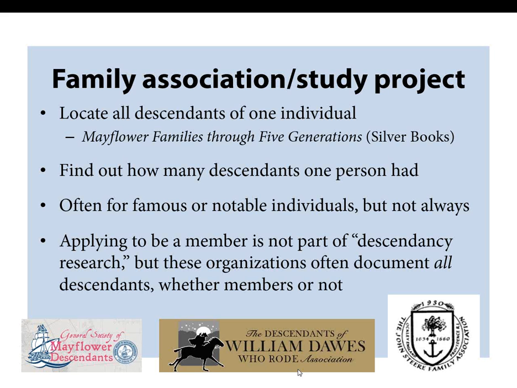Some other ones I've come across recently are the Descendants of the William Dawes Who Rode Association and the John Steer Family Association. And I just want to make clear that applying to be a member of one of these organizations is not a part of descendancy research, but these organizations often aim to document all the descendants, whether those people become members or not.